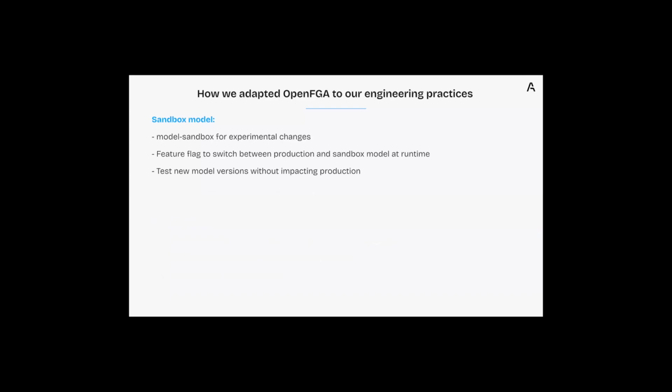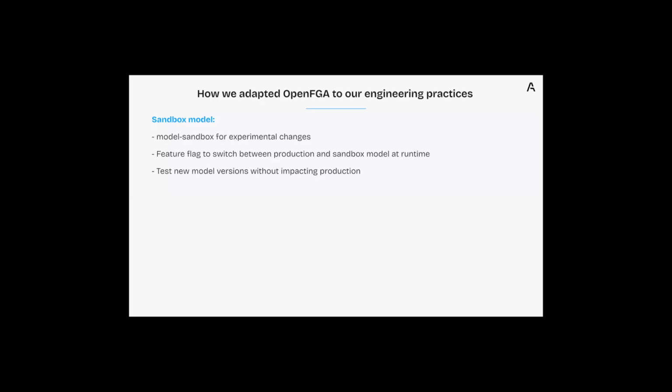And we have what we call a sandbox model. Because we have this facade behind OpenFGA, we have the model in production, and we also have another model called sandbox. In our model repository, we have two models, sandbox and production. When we want to try new things but we are not sure they will be okay, we have a feature flag, and we can tell Rebecca to ask OpenFGA for the classic model or for the sandbox model.